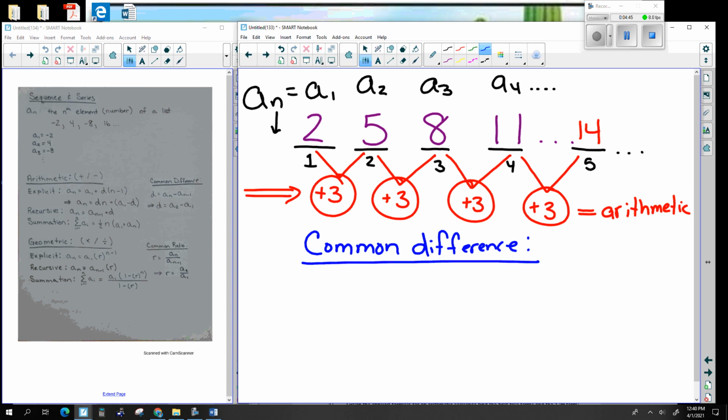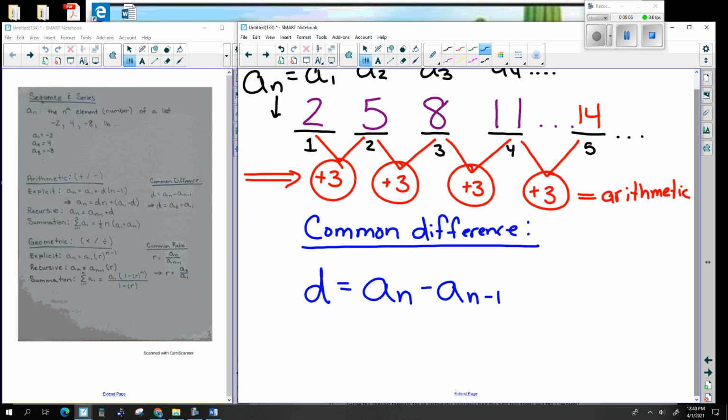The common difference is denoted by a lowercase d. How this is found is, in essence, you take the second element, or an advanced element, minus the one right before it.